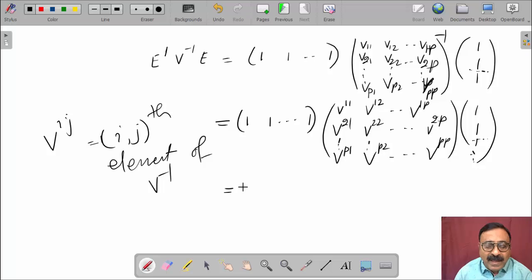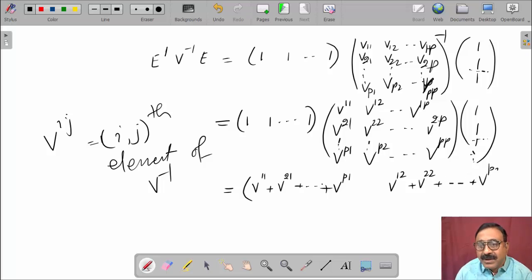Now this is equal to V11 plus V21 plus up to plus VP1, then V12 plus V22 plus up to plus VP2, and so on, the last element will be V1P plus V2P plus up to plus VPP. Then the column matrix 1.